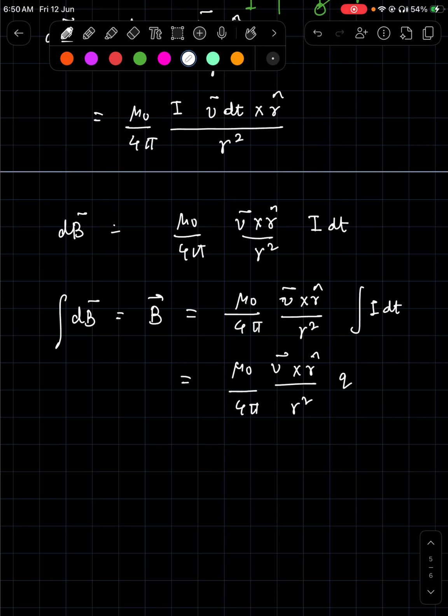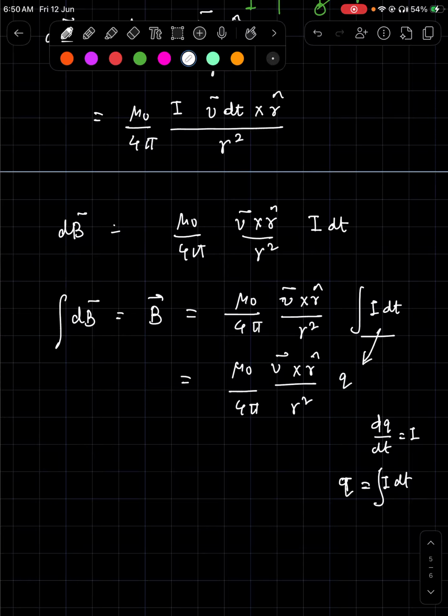Why am I saying this? Because we know that I is the current and Q is the integration of I dt, right? That is why I am writing I dt as Q, which is the total charge of the point charge.